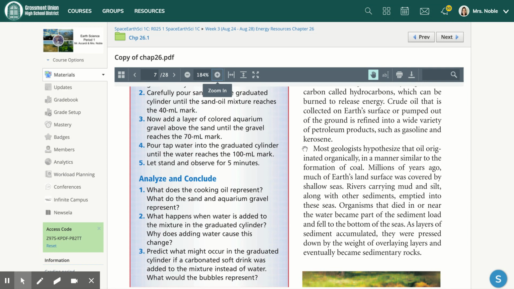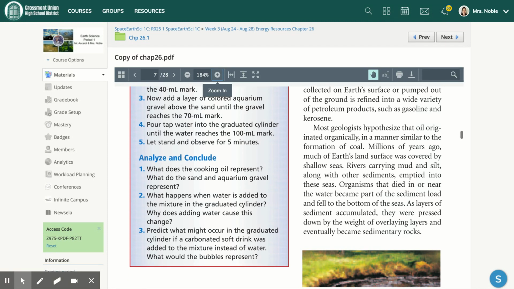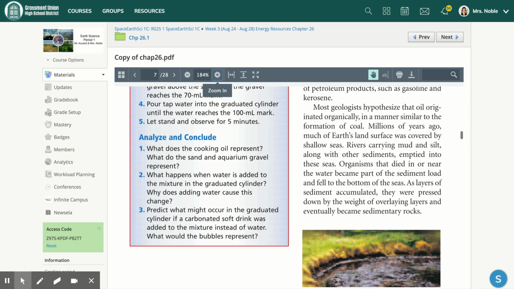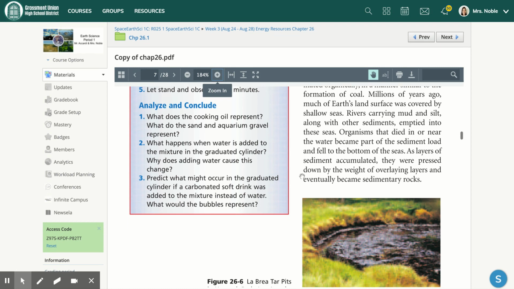hypothesize that oil originated organically in a manner similar to the formation of coal millions of years ago, when Earth's land surface was covered by shallow seas. Rivers carrying mud and silts, along with other sediments, emptied into these seas. Organisms that died in or near the water became part of the sediment load and fell to the bottom of the seas.